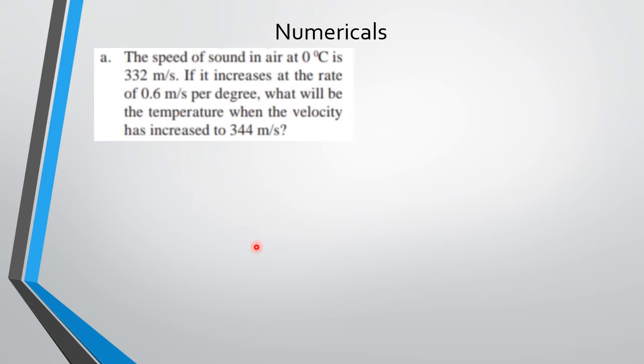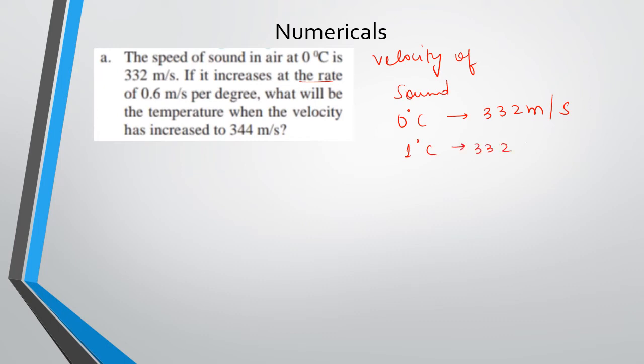Now, the velocity of sound at 0 degrees Celsius is 332 meter per second. If it increases at the rate of 0.6 meter per degree, that means at 1 degree Celsius it would be 332 plus 0.6 meter per second, correct?